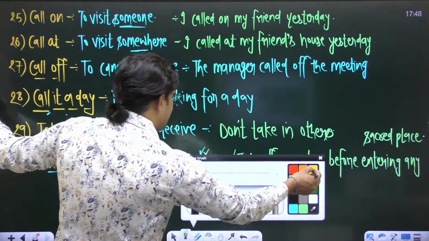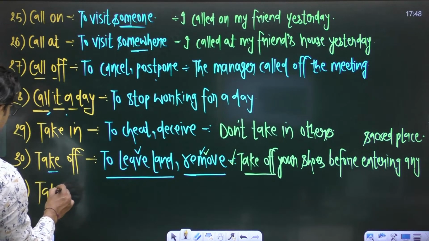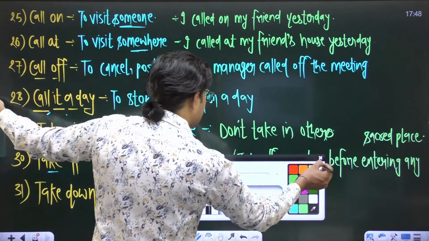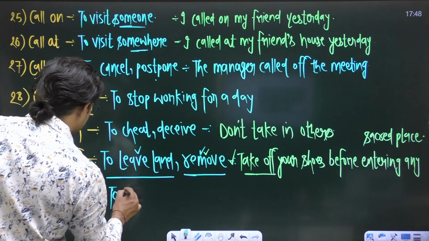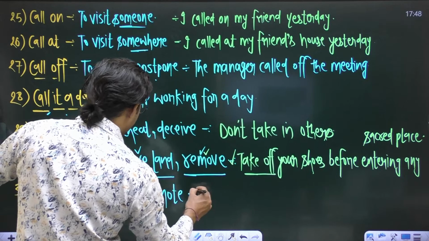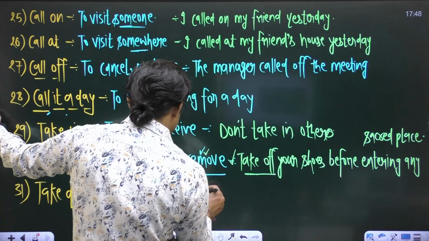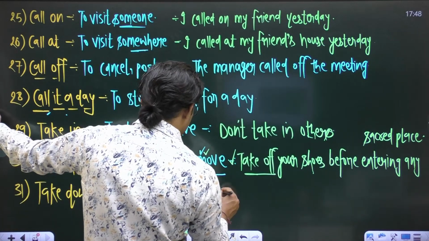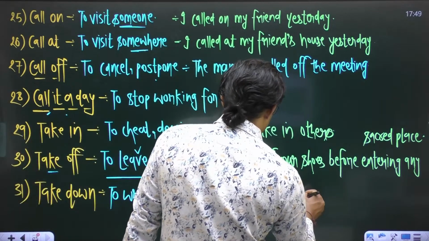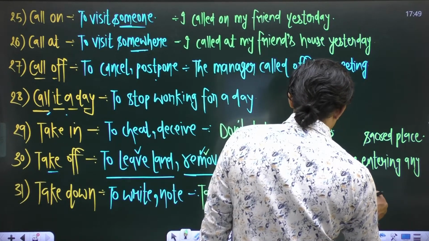Okay, next phrasal verb, the thirty-first, that is take down. Take down means to write or to note. Example, a teacher usually says, take it down on your notebook.